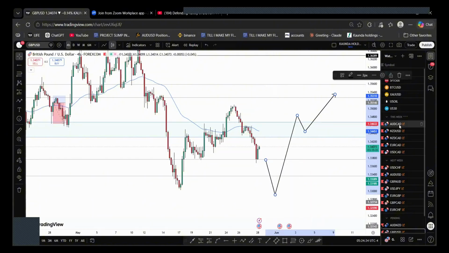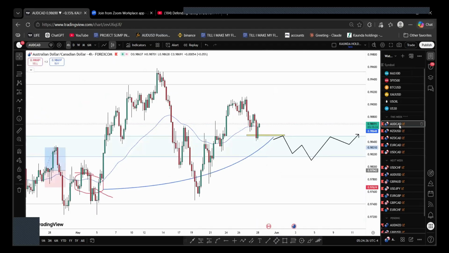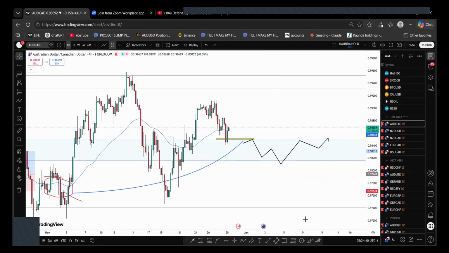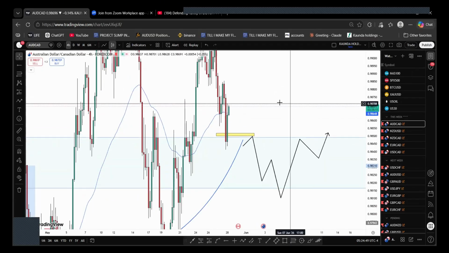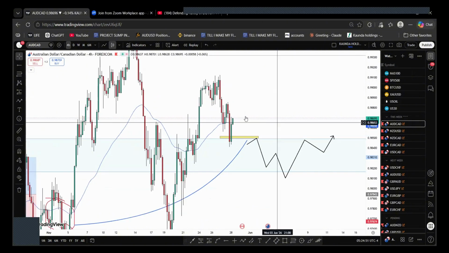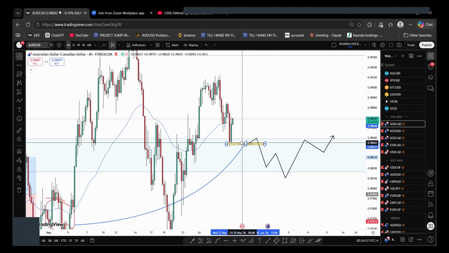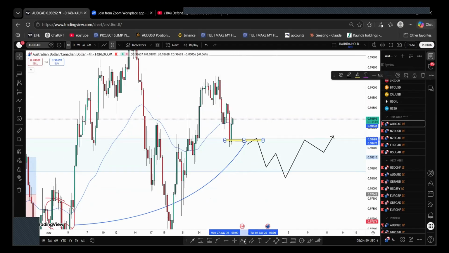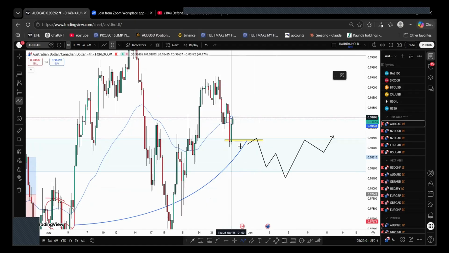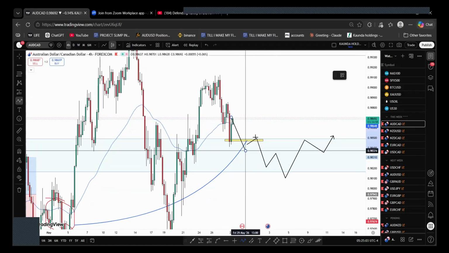So this is AUD card. You see, we're still waiting for price to break below here. And for price to break below here, they need to give me my entry. Okay, so I'm still waiting for price to break below here. Then we'll make a new lower low.